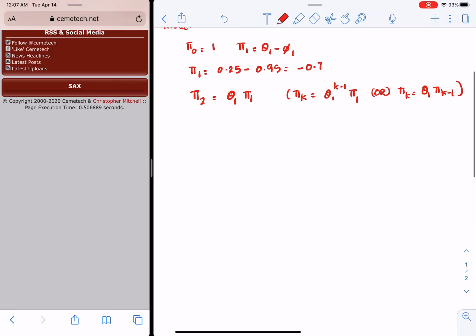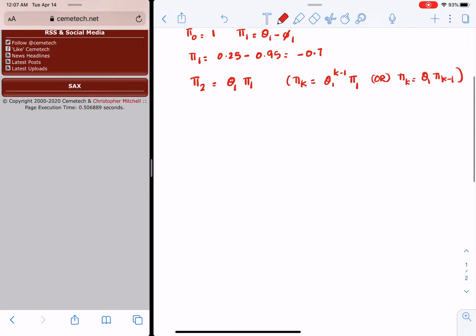So pi 2 would simply be equal to theta 1 times the value of pi 1, and theta 1 is 0.25 times negative 0.7.